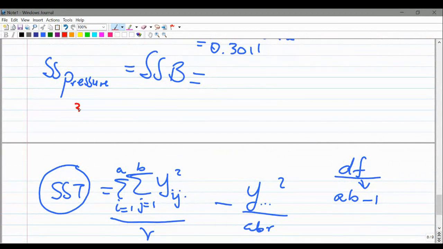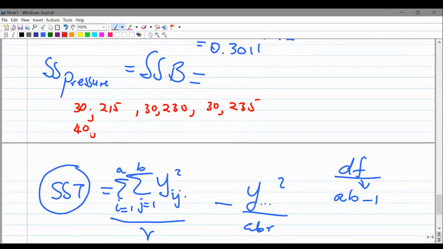When the temperature is 30 and the pressure is 215, right? When the temperature is 30 and the pressure is 230, right? When the temperature is 30 and the pressure is 235. This is the first part.